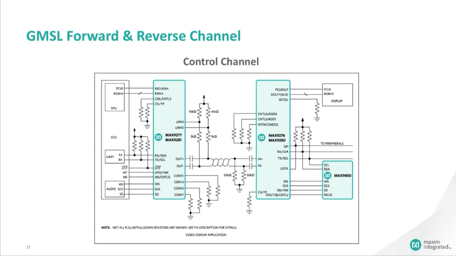The ECU controls the link from the serializer side via UART, while the deserializer is configured for I2C communication to remote peripherals. This feature allows the UART of the serializer to control a remote I2C device, such as the MAX9850 audio DAC with headphone amplifier.